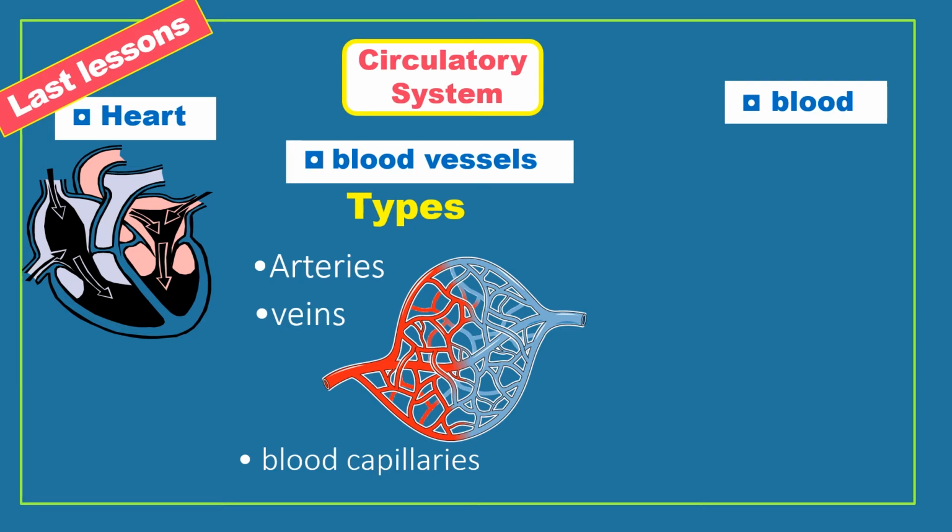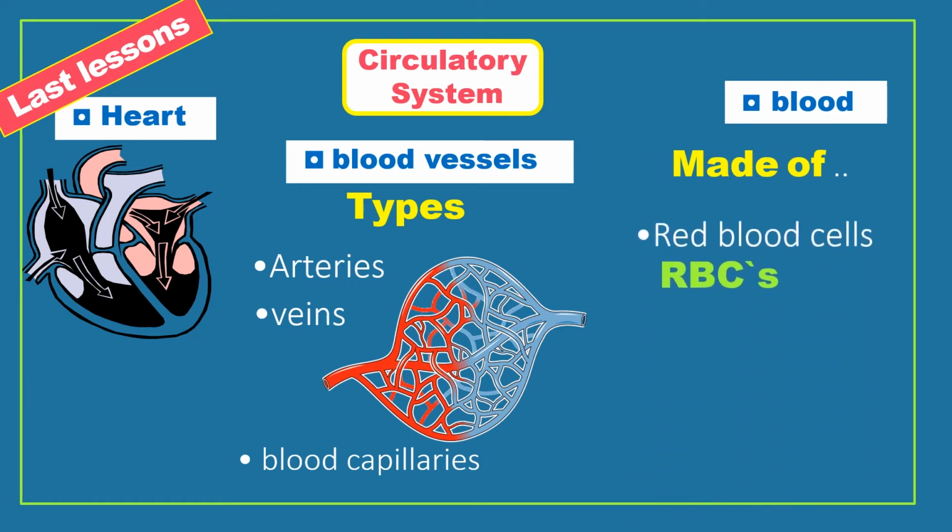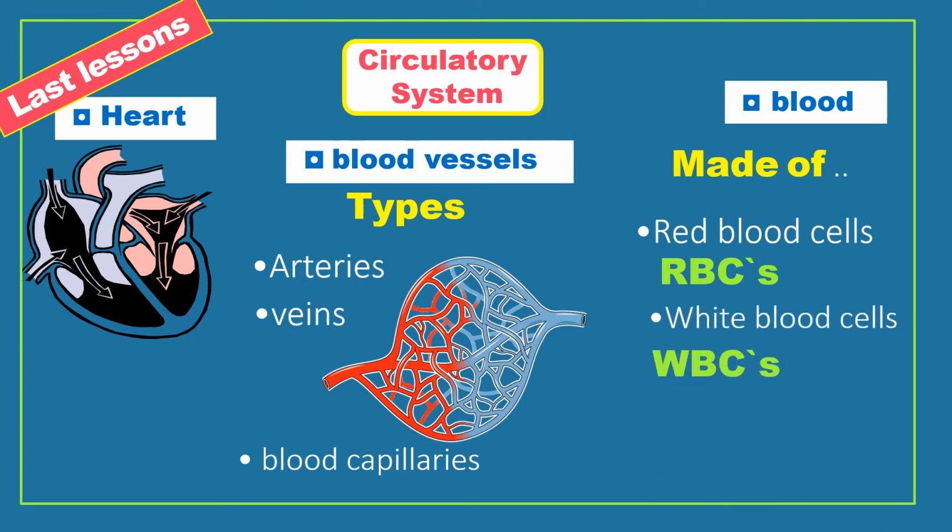Blood is made of four components, which are red blood cells, RBC, the short form of red blood cells, white blood cells, WBC, the short form of white blood cells, blood platelets, and plasma.